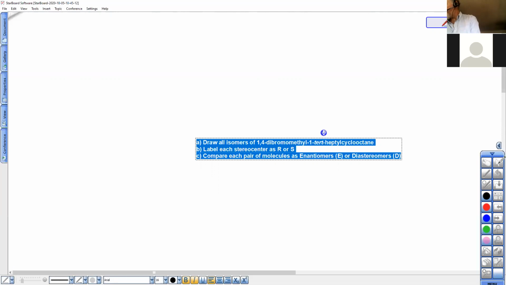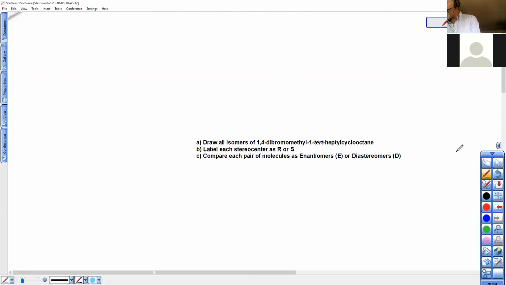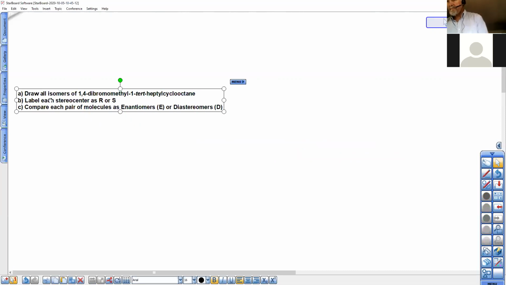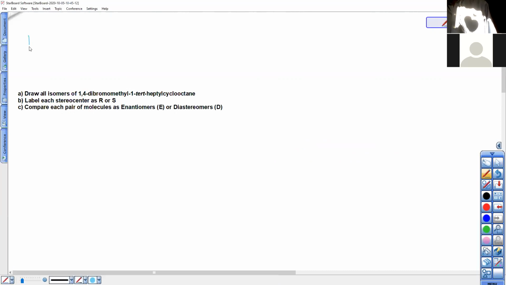And let's move this over and do our definition of diastereomer above it. Diastereomers. If it ends with mer, it's some kind of isomer, right?